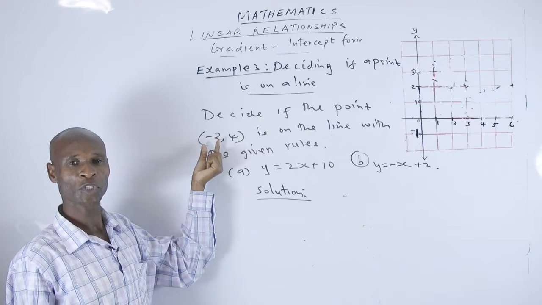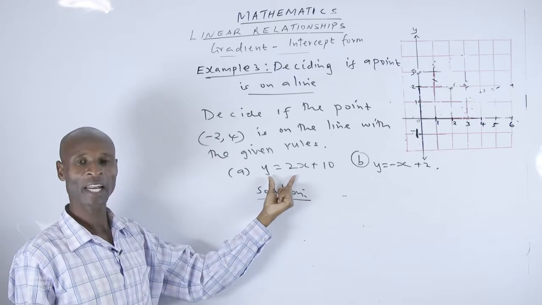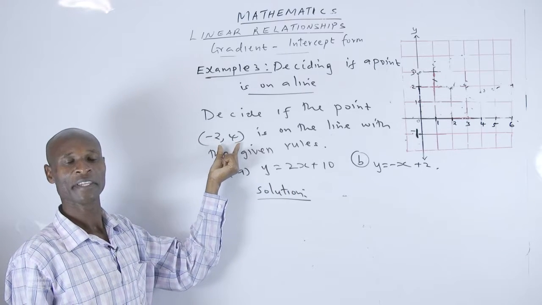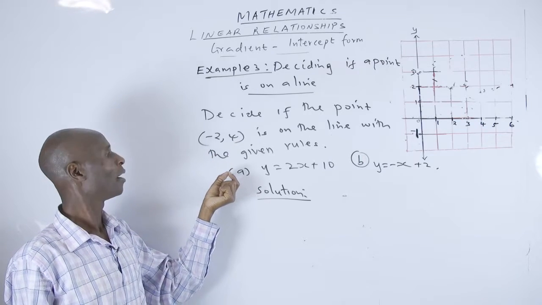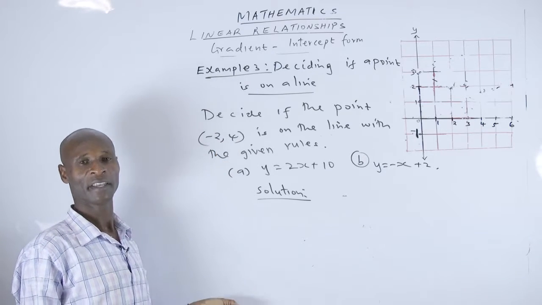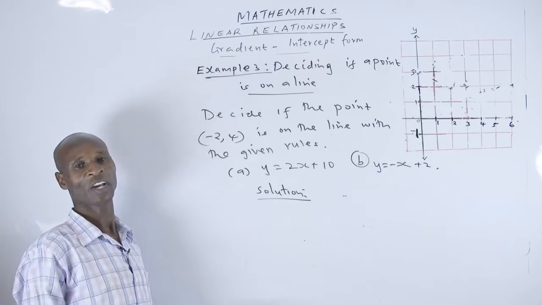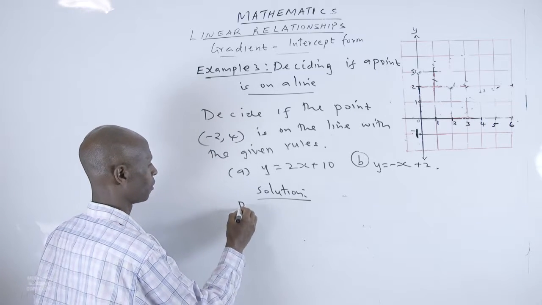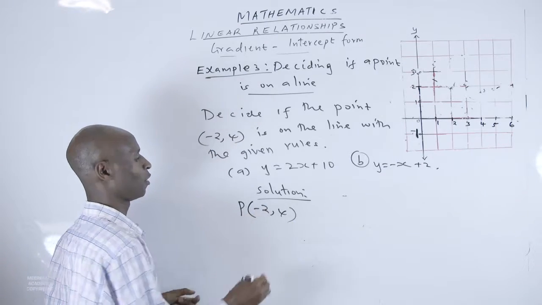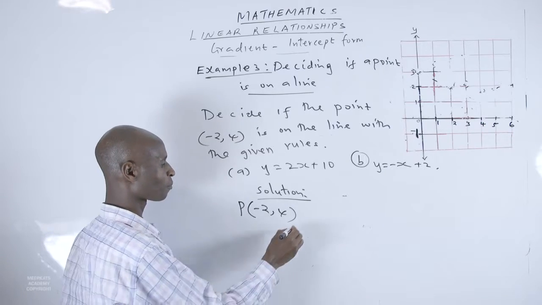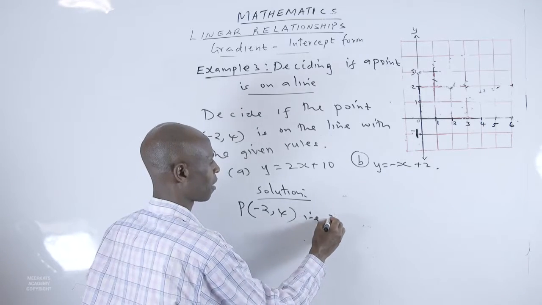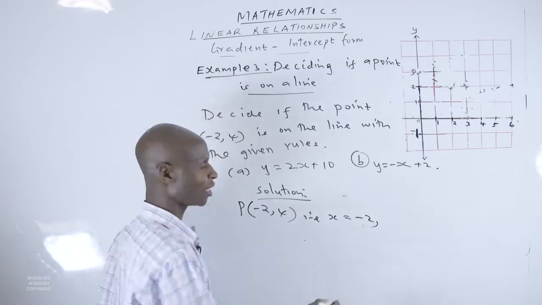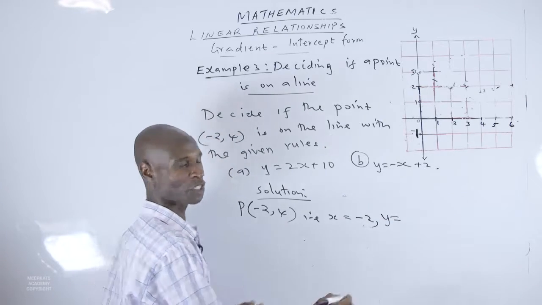But if you substitute x is equal to -2 in this relation, and the result we obtain for the y value is any other number other than 4, then we say the point -2, 4 is not lying on that particular line. So for the point -2, 4, it means the x value is -2, while the y value is +4.